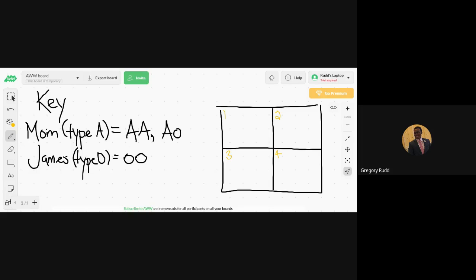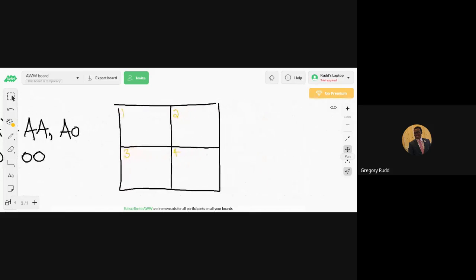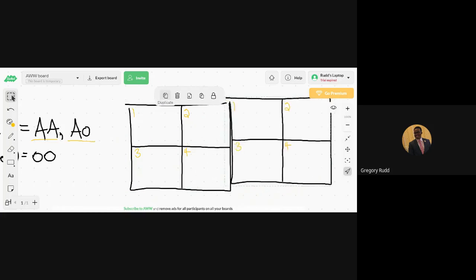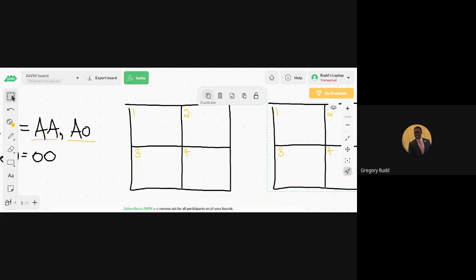Okay, now the thing is, we don't know what mom's exact genotype is. It could be one of two things. It could be AA or it could be AO. So what we need to do is make two of these Punnett squares.